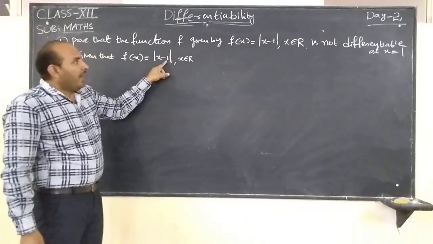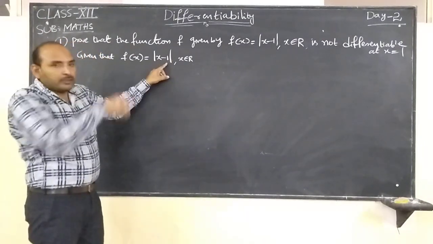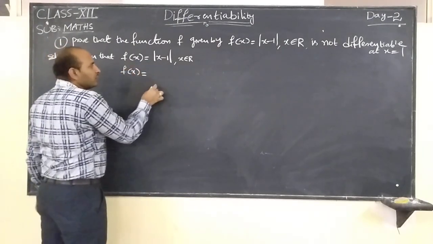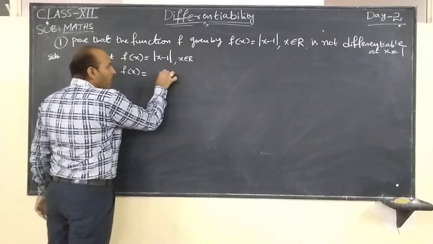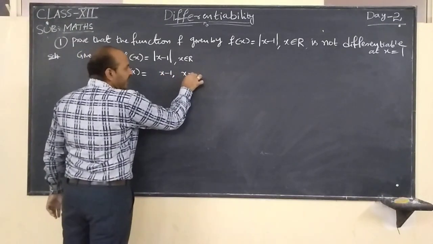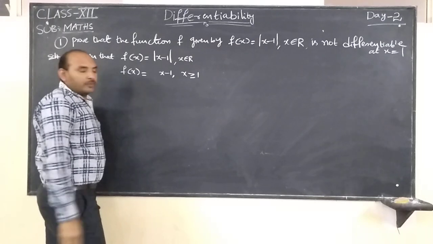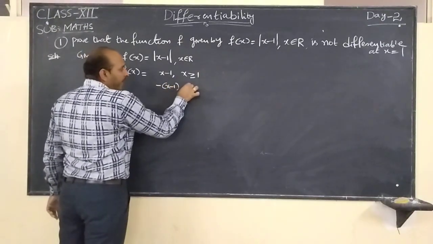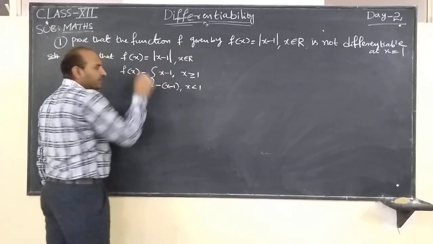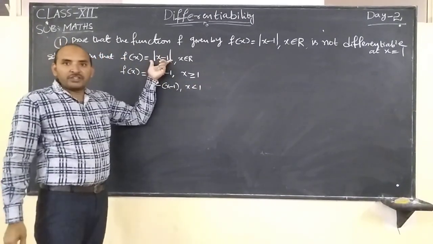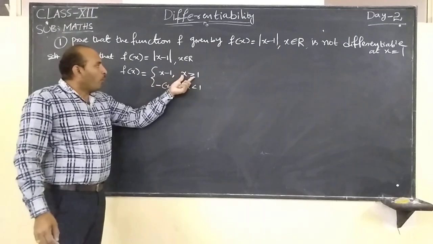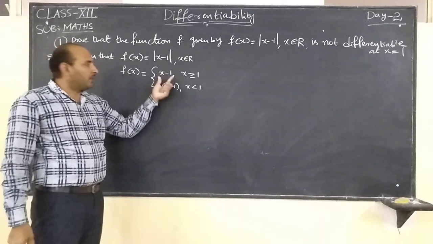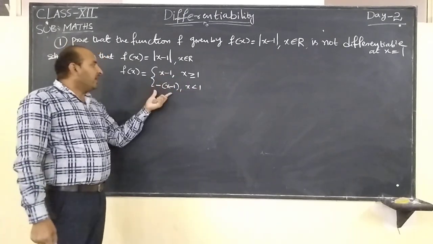Same thing here. f of x, the modulus function, you can write as x minus 1 when x is greater than or equal to 1, and minus of x minus 1 when x is less than 1. Two conditions. Based on the modulus function, we will get two conditions. One, x greater than or equal to 1, you can write as x minus 1. When x less than 1, minus of x minus 1.